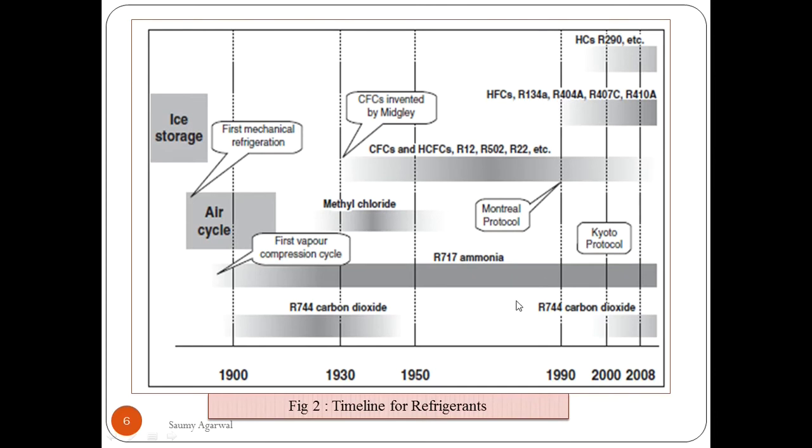And then came the Kyoto Protocol. What is this Kyoto Protocol? You can also Google it. It is similar to the Montreal Protocol, where the countries aim at phasing out the harmful gases which cause greenhouse effects, like carbon dioxide, methane, and nitrous oxides. So that was the Kyoto Protocol. This is the complete timeline for the refrigerants.